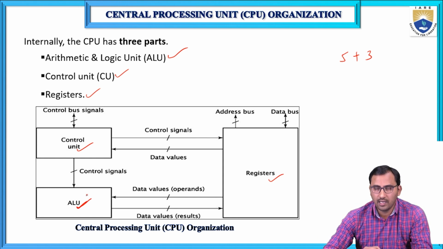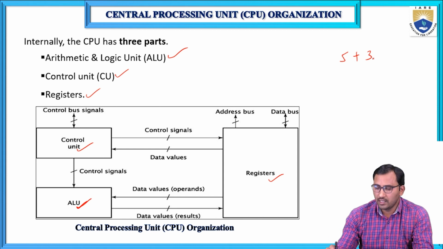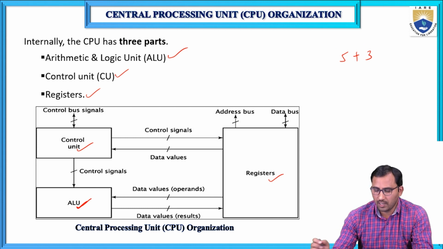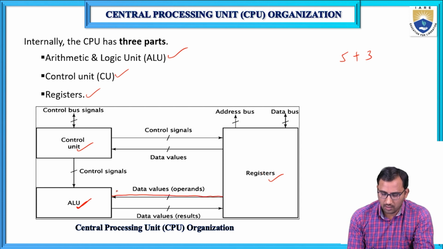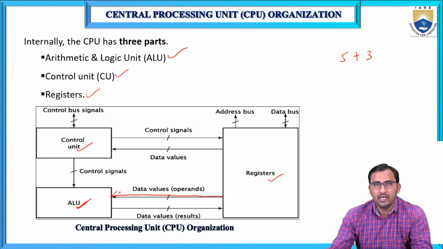These values are taken from the registers, so the operands are given to the ALU. Then the ALU performs the addition operation, and once it completes the operation, the result value is given back to the registers.